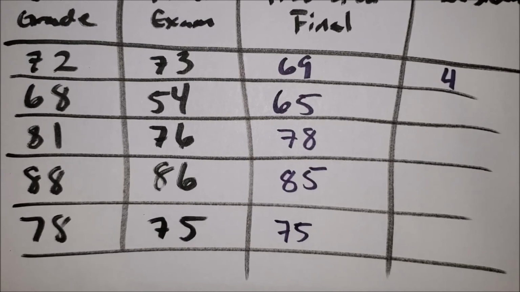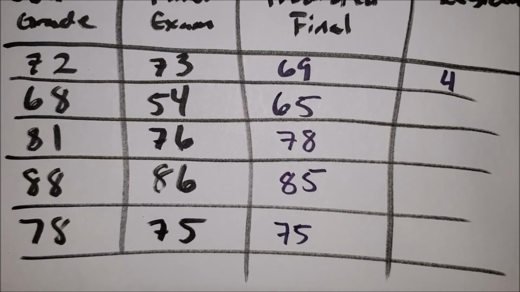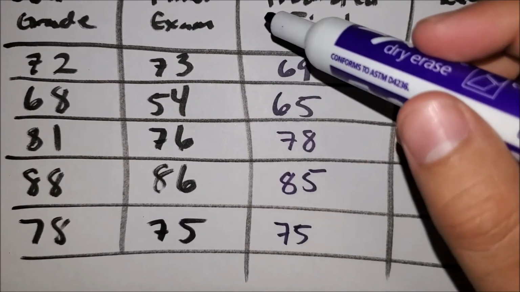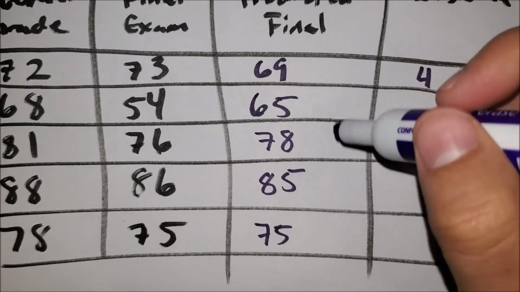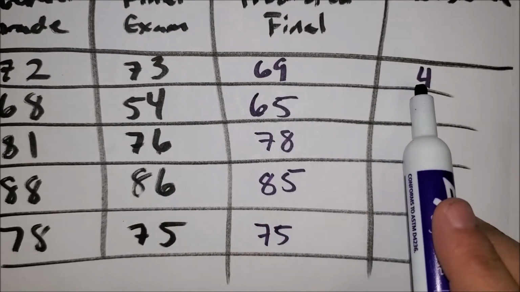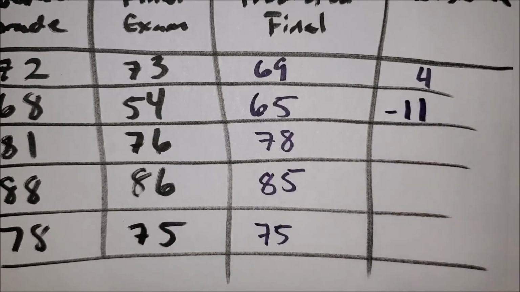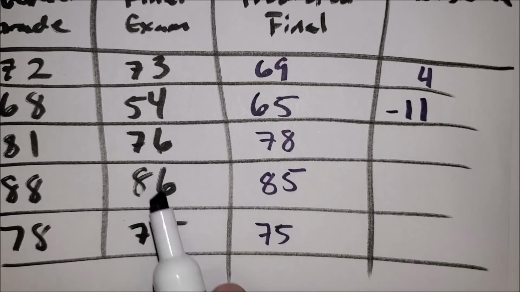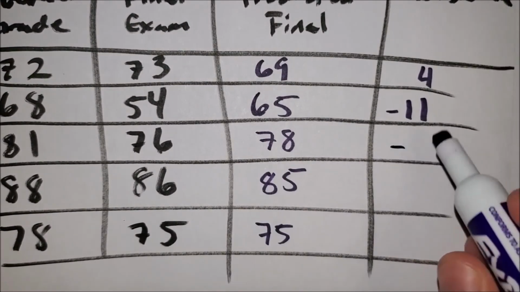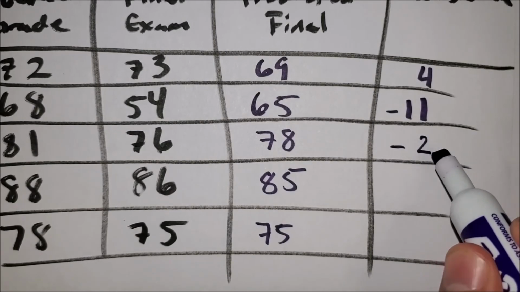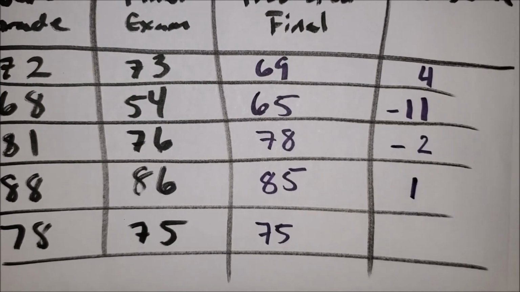So if we look at our scores here and we calculate our residuals, we take the observed value minus the predicted value. So what we did here, 73 minus 69 is 4. 54 minus 65 is negative 11. 76 minus 78 is negative 2. 86 minus 85 is positive 1.